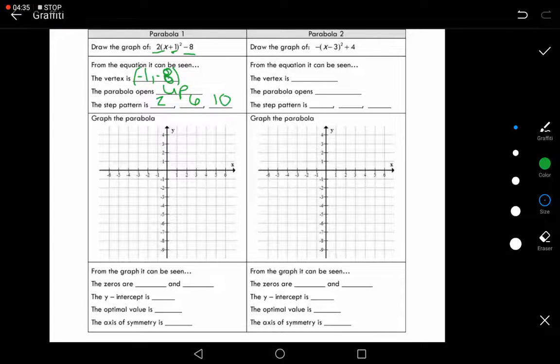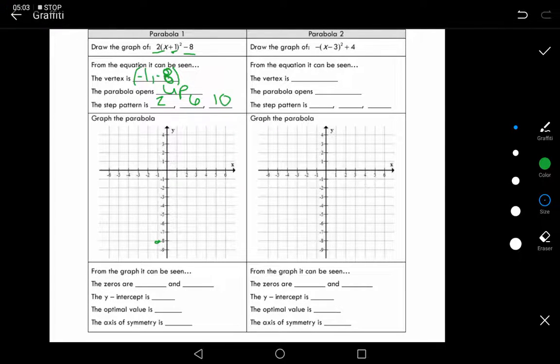Now that we have that information, we should know how to graph this parabola, because this is based off of that step method that we looked at before. The first thing we're going to do is plot our vertex, which is at negative 1, negative 8. So it's approximately right there. We know that we're opening up, so we are going to move up with our step pattern. Remember, the step pattern is always over 1 and then whatever your step pattern says.